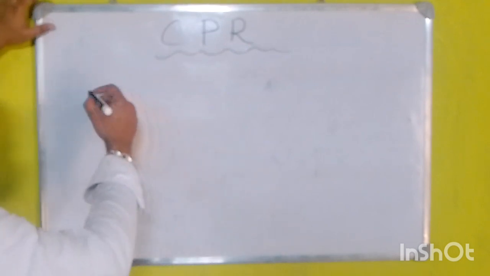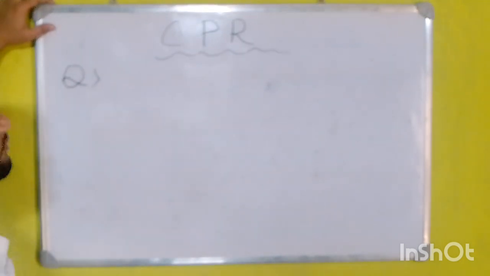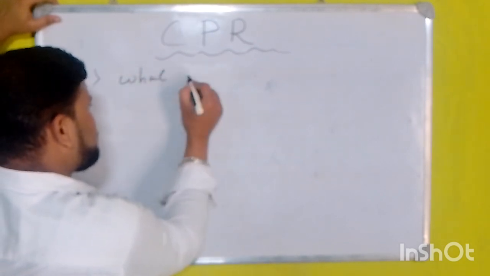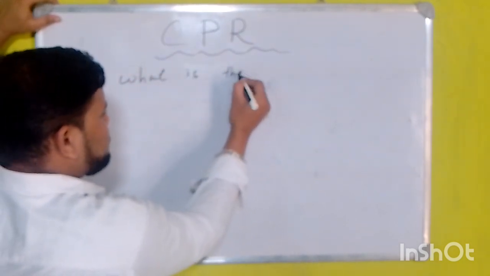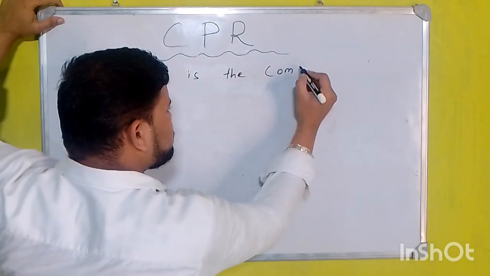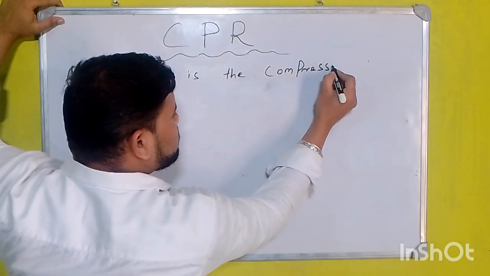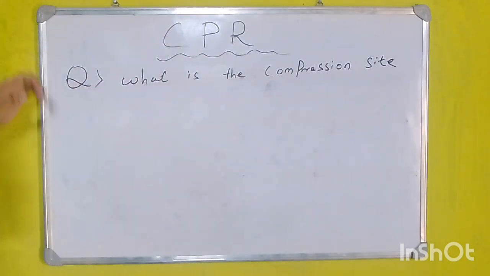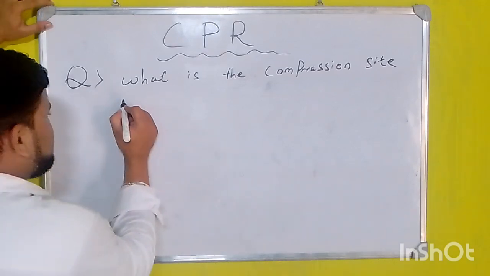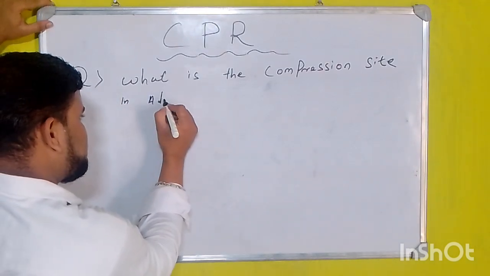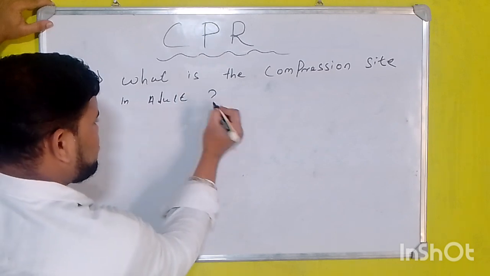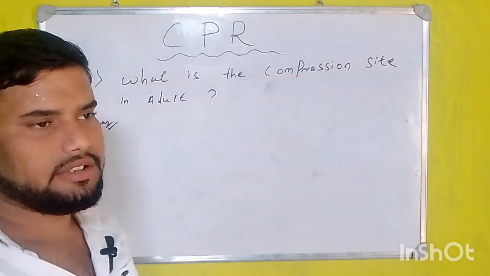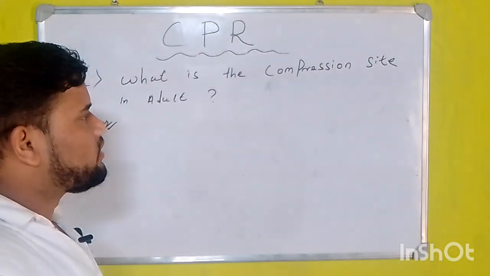Then the third question is, what is the compression site in case of adult?